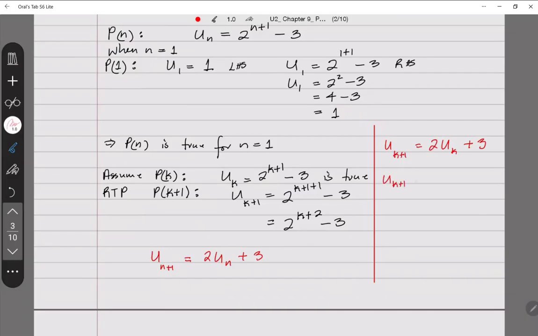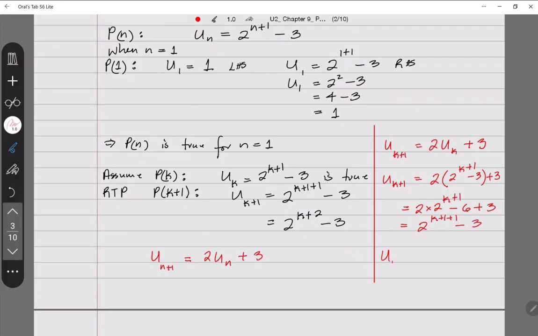Uk plus 1, utilizing that Uk is equal to 2 to the k plus 1 minus 3, plus 3. We're going to get Uk plus 1 is equal to 2 times 2 to the k plus 1 minus 6 plus 3, which is equal to 2 to the k plus 1 plus 1, and minus 6 plus 3 is minus 3.